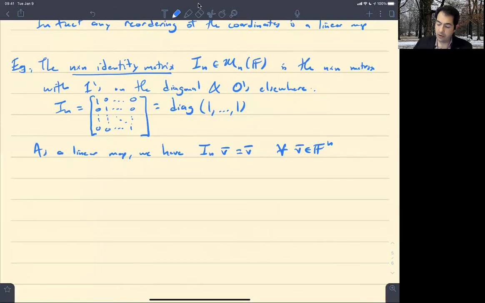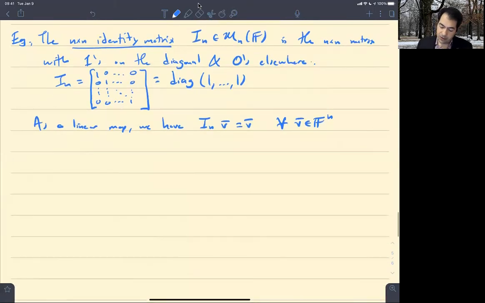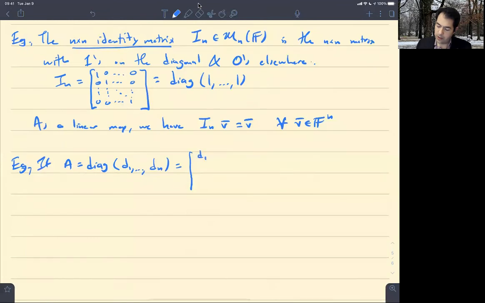A similar thing is that the action of any diagonal matrix is easy to figure out. So if A is a diagonal matrix with entries d1 through dn, let's write that out: d1, 0, 0, d2, dot, dot, dots, zeros, and then ending with dn.